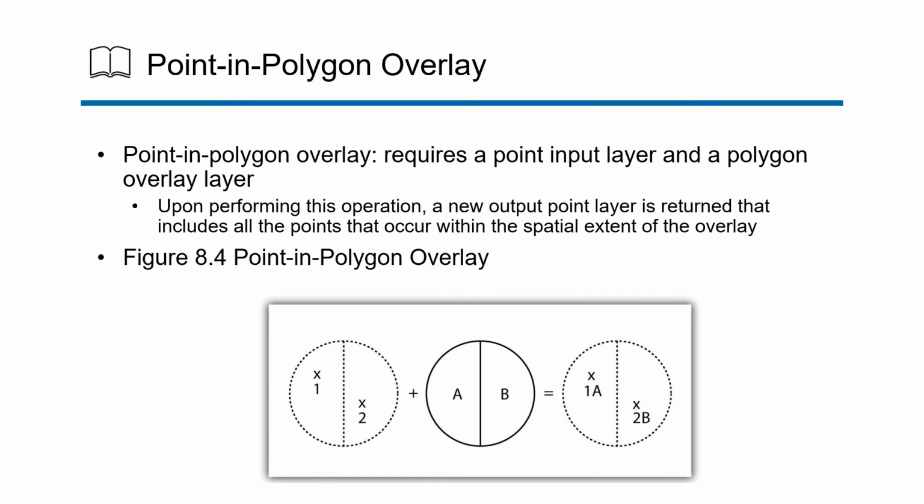So the diagram here explains it. You've got point in polygon overlay. You've got point number 1, you've got point number 2, and you combine that with polygons A and B, and so you get A1 and you get 2B.